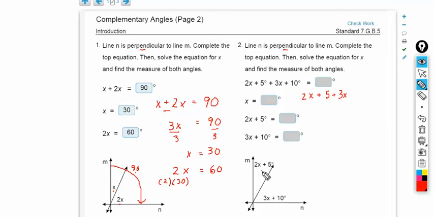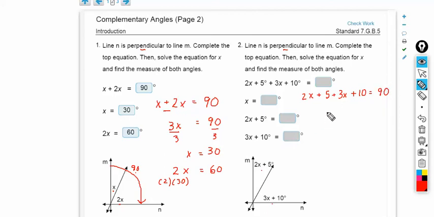This was our 2x plus 5, and this is our 3x plus 10. You should be putting these in your notes.